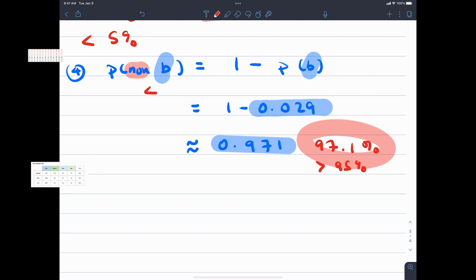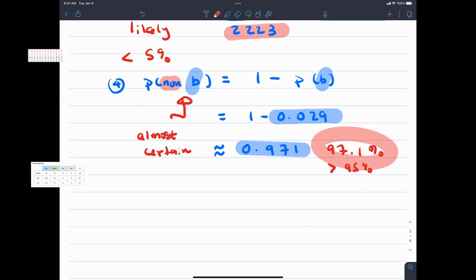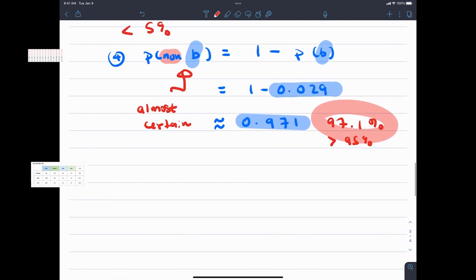The event is almost certain, outstanding. It is almost certain. So if it's close to 1, you say, well, how close? Bigger than 95%, but less than 100%. We can say the event is almost certain to happen. So if you select a passenger at random, it's almost certain it's not going to be a boy. Non-boy.